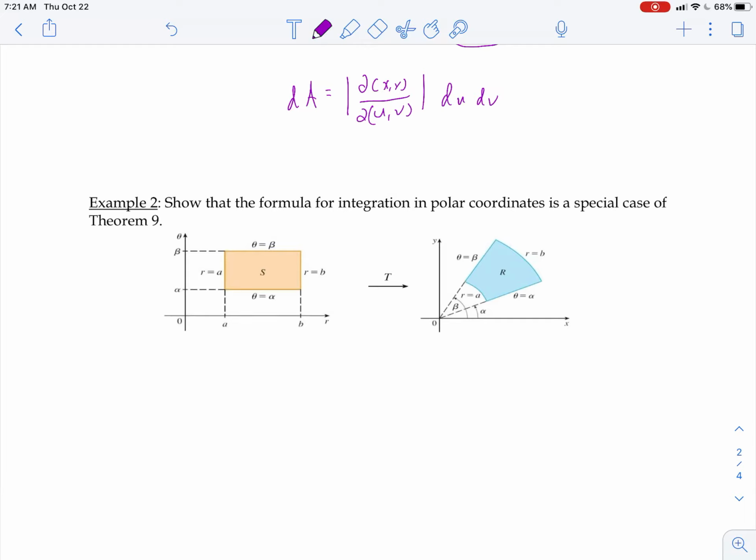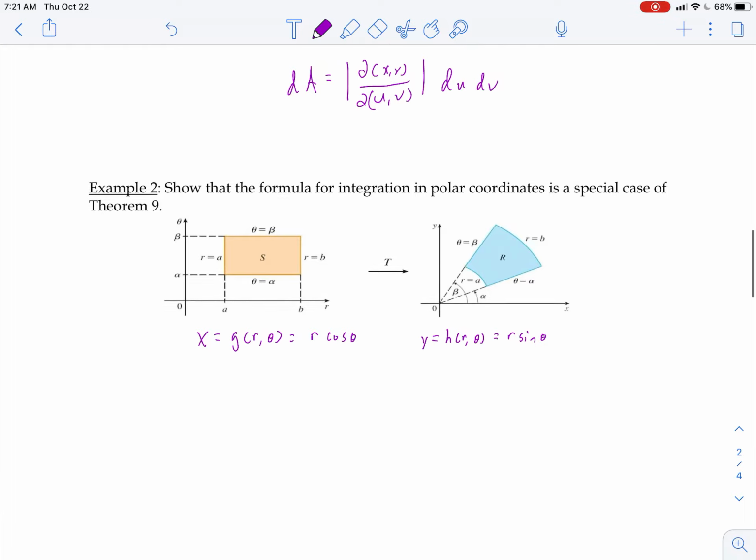If I'm going from rectangular to polar, the first thing I'm going to do is change x in terms of r and theta. We know x in polar coordinates is r cosine theta. And then y, we'll call that a different function, h, is r sine theta.